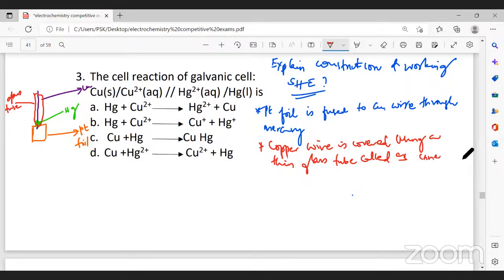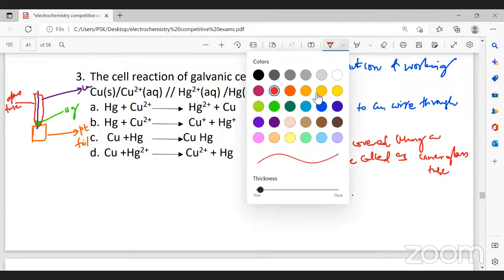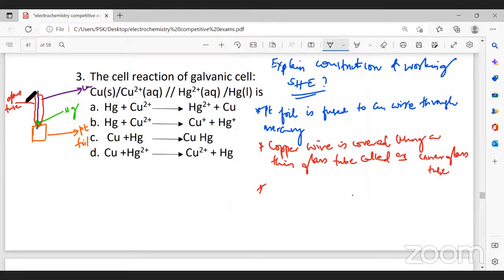Inner glass tube. The third point is this whole setup is enclosed in a glass jacket.